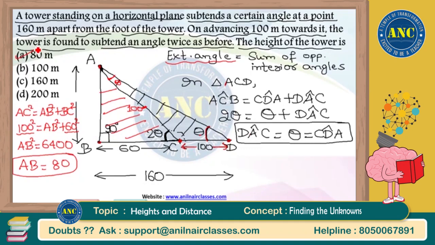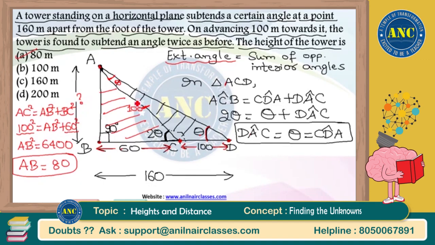Easily you can get the answer, and I don't even have to bother about the value of theta in this case. Let theta be 1 degree, 2 degrees, 30 degrees, 32 degrees, 47 degrees, anything for that matter. I don't care. I used a little bit of smartness saying that I know this side AC, which is the hypotenuse of this right angle triangle ABC, so I can easily apply the Pythagoras theorem and find the other side AB.